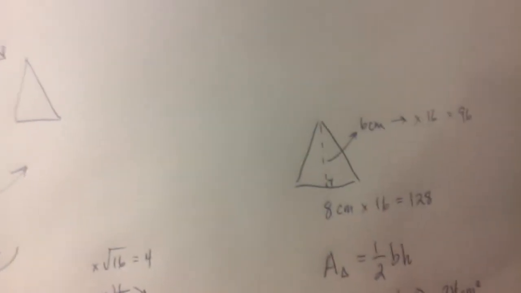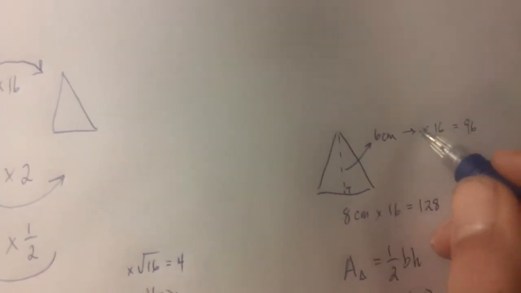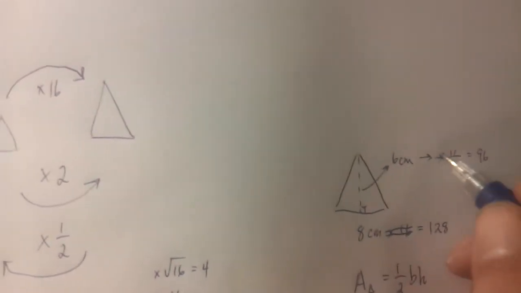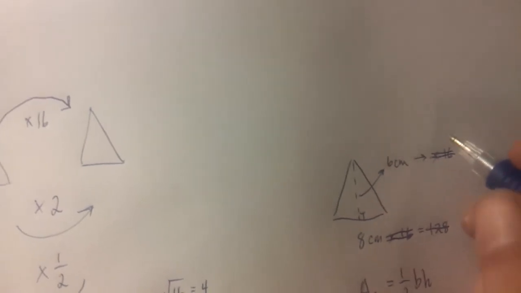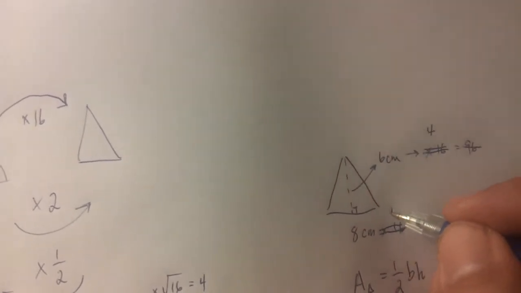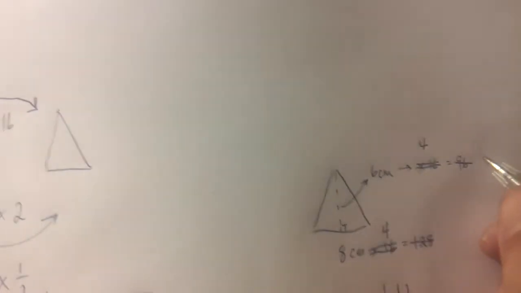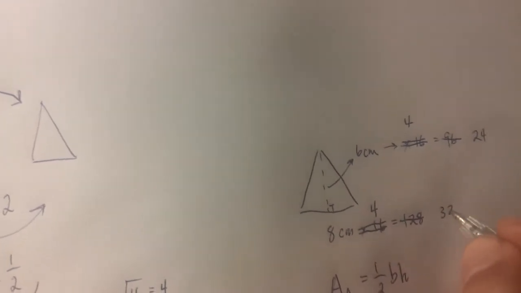Now, instead of the scaling factor of 16, we're going to multiply by the square root of 16, which is 4. Okay. 6 times 4 is 24. 8 times 4 is 32.